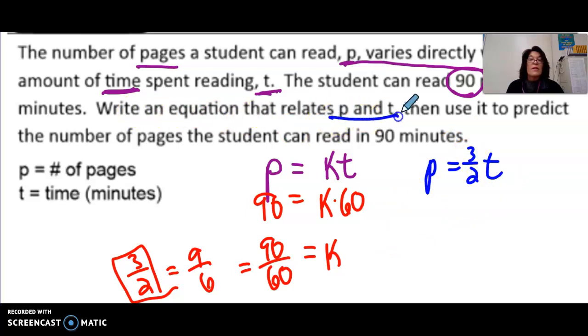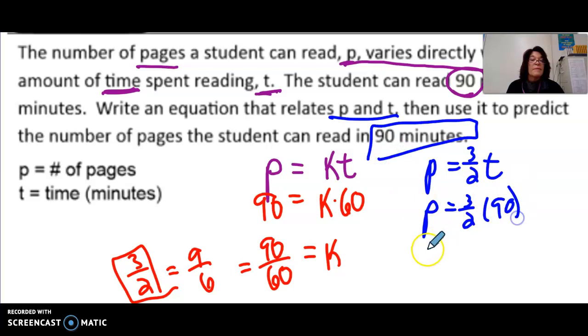We wrote the equation. Now we're going to predict the number of pages a student can read in 90 minutes. Well, it'll be 3/2 times 90. On your calculator, if you take 3/2 times 90, you get 135 pages.